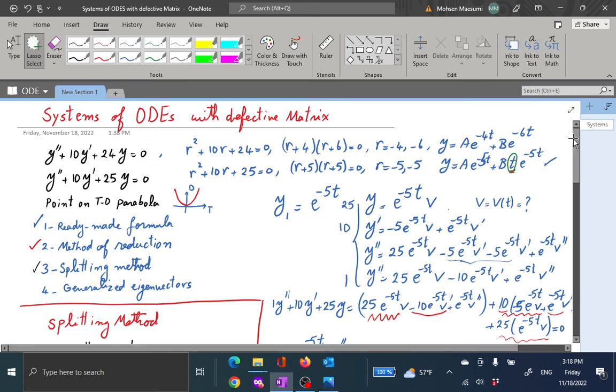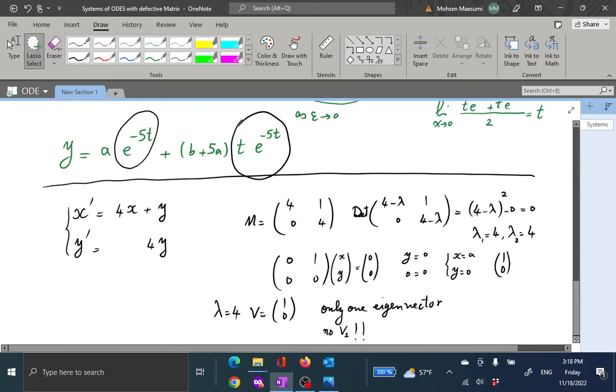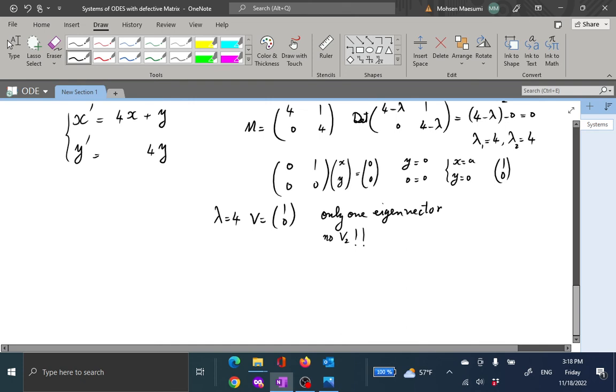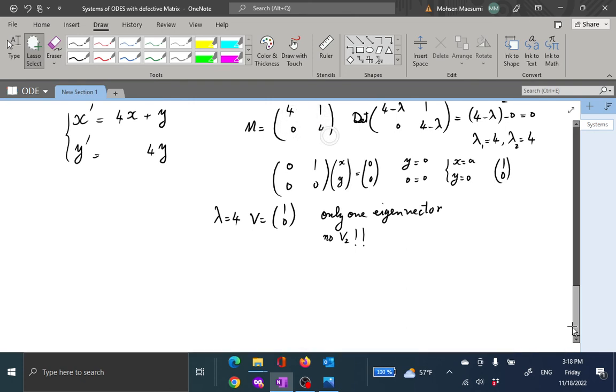So that is step 1. Step 2, we can apply the method of splitting. That is, just like what we did here, we can go ahead, modify the entries of this matrix. Any of these 4 numbers will do. If I modify it until the lambdas wouldn't be the same, if lambdas are different, then I have a ready-made solution. I can go ahead and apply that. Again, the trajectory of the solution is going to be rather lengthy.